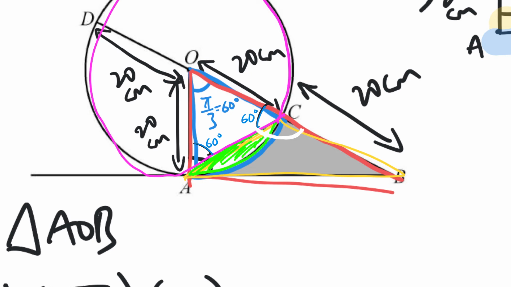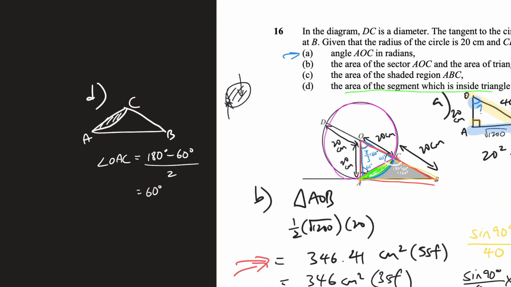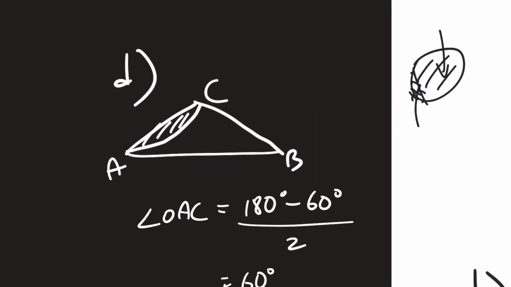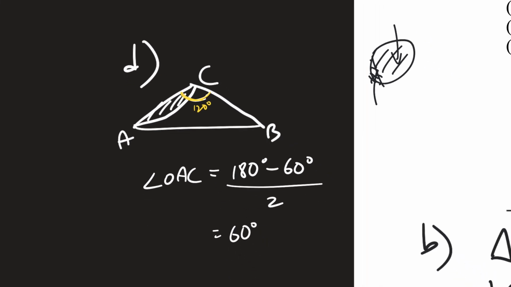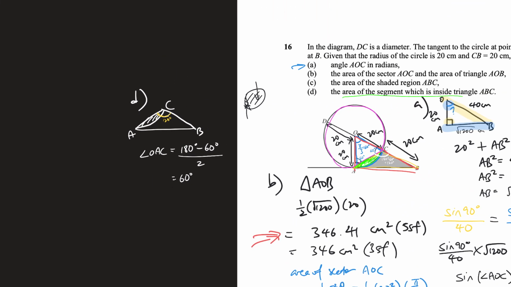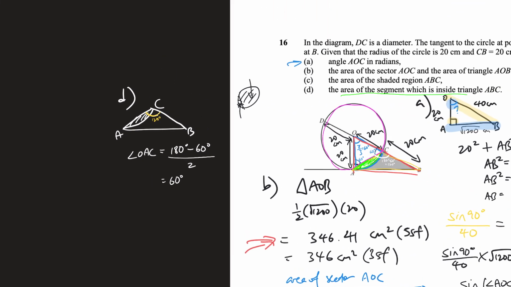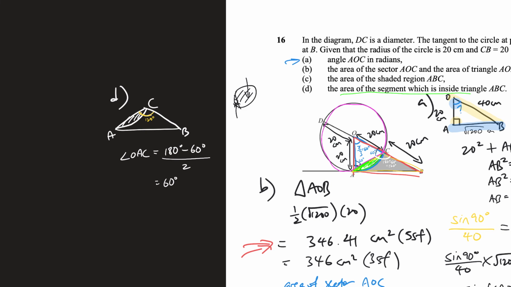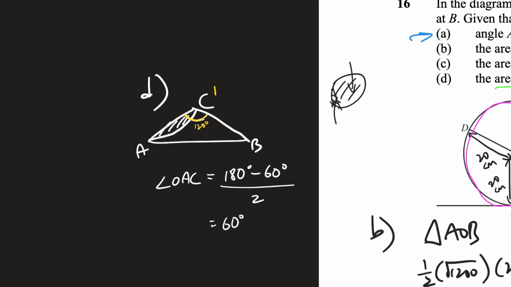And that is helpful because it means that this white angle is therefore 180 minus 60 degrees, which is 120 degrees. So I can come here and say, okay, this angle here is 120 degrees. And do we know any of the lengths? Yes, we do know that this is 20 cm.